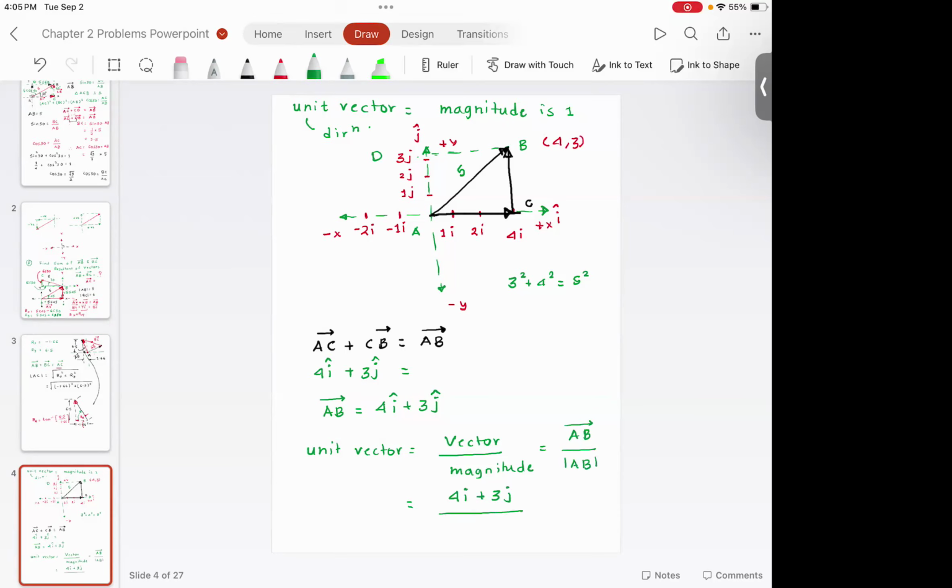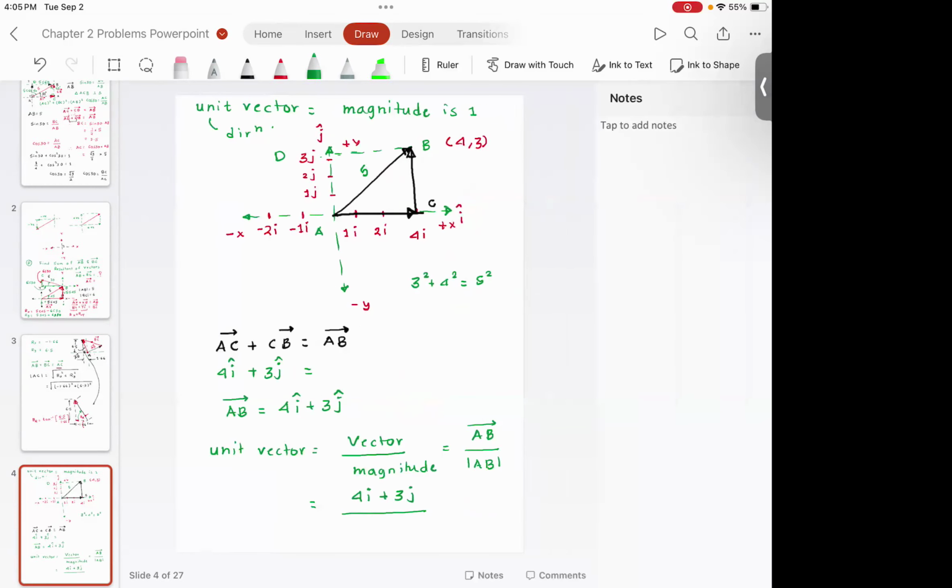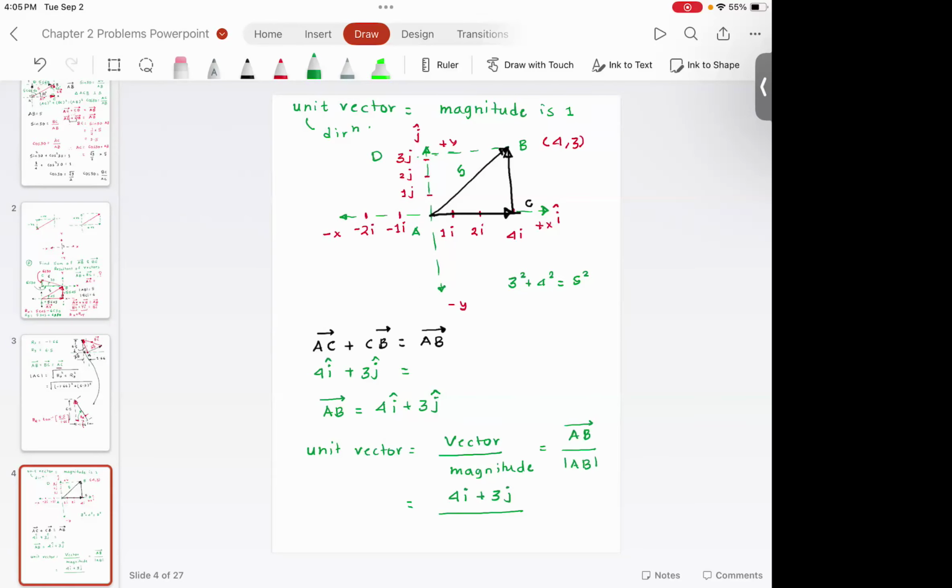What is the magnitude of AB? 5. Can you see? Magnitude of AB is 5. So my unit vector is 4 by 5 i plus 3 by 5 j.